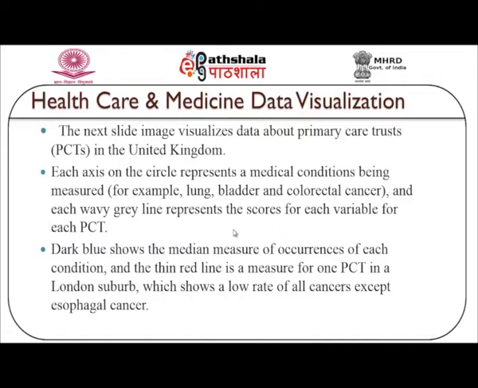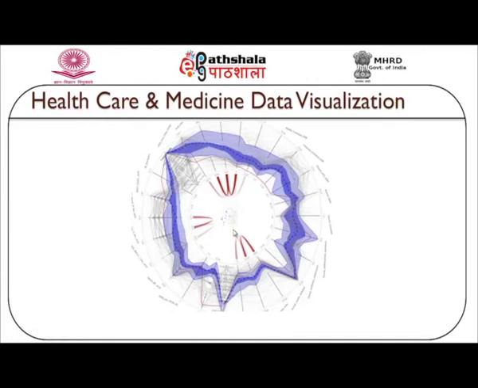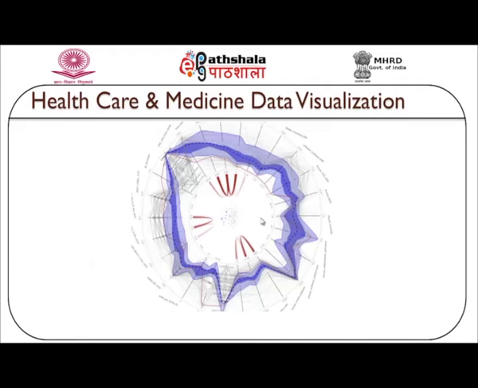Dark blue shows a median measure of the occurrences of each condition, and the thin red line is a measure for one PCT in a London suburb, which shows a low rate of all cancers except esophageal cancer.